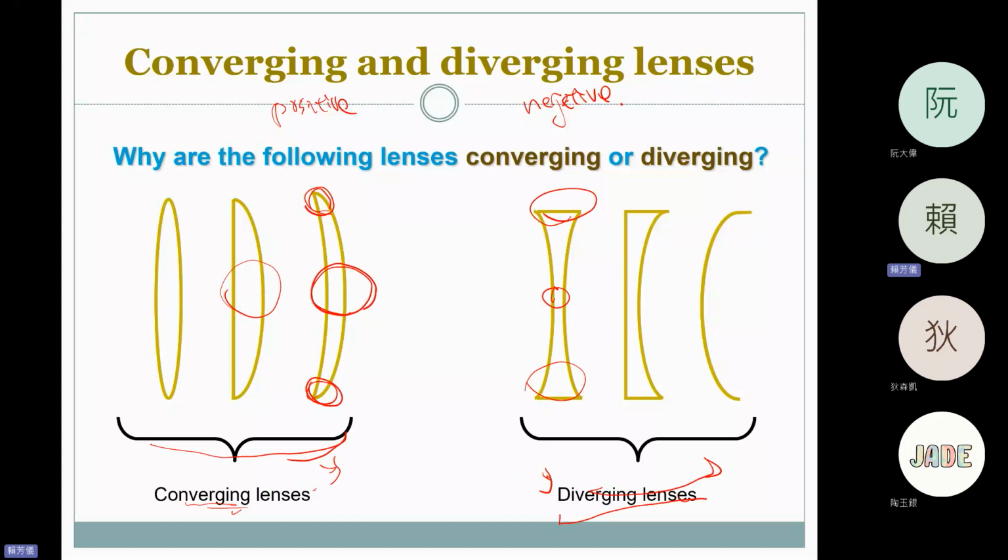Later, in the following chapter, we will show that. But for a negative or divergent lens, the object will become smaller. So using the enlarged or smaller object, you can also tell which one is the convergent lens and which is the divergent lens.